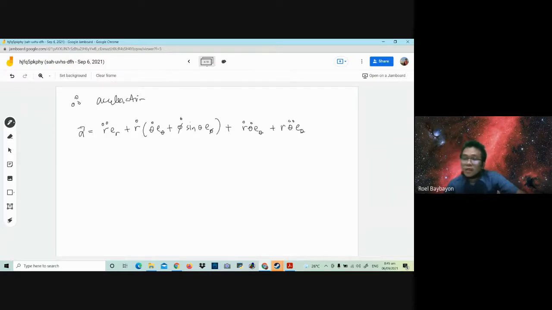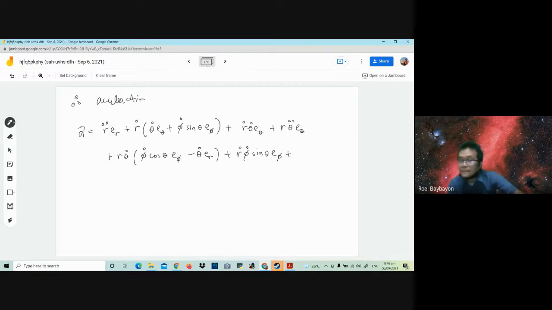Plus R times E theta dot. So plus R theta dot times E theta dot, which is phi dot cosine theta E phi minus theta dot ER plus R dot phi dot sine of theta E phi.